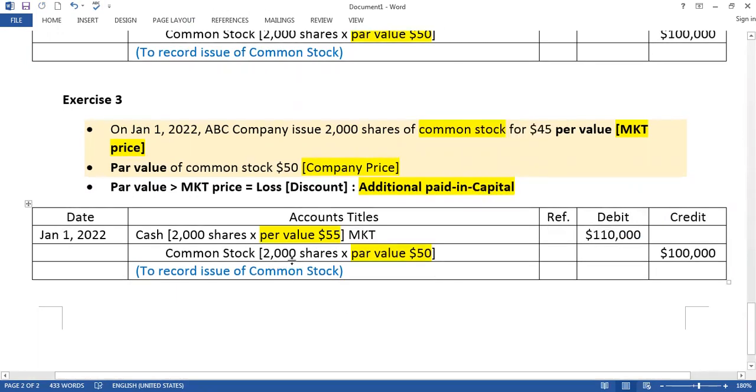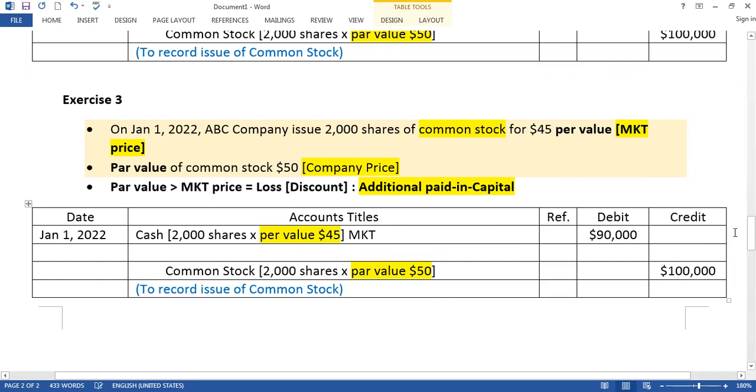So we sell 2,000 shares. Par value is $50, and it is $100,000. But from the market, we receive $45, that means only $90,000. Clear? Our common stock price is $100,000, but the market gives us $90,000. So we have a loss, right?